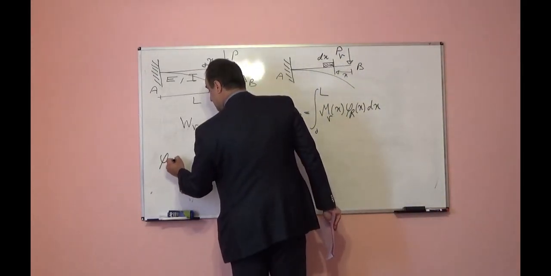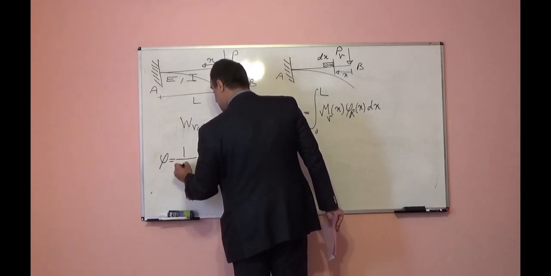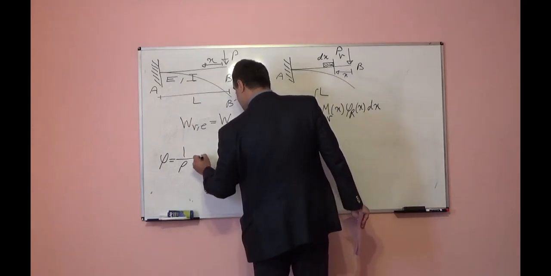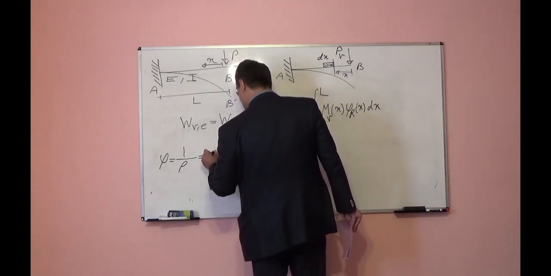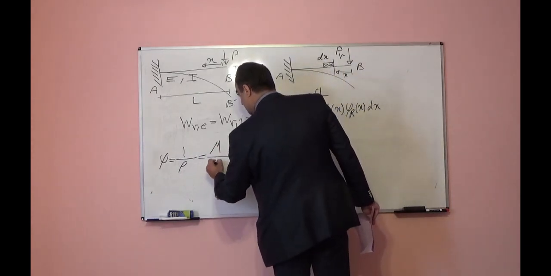Curvature is equal to 1 over radius of curvature. If I show it with rho, we know from mechanics of deformable body it is equal to m over EI.